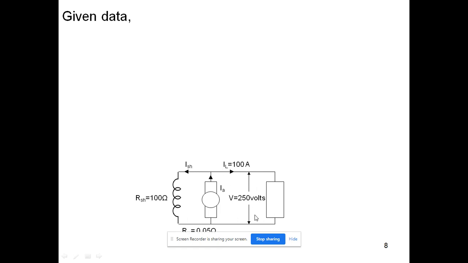The shunt field resistance Rsh is given as 100 ohms, and Ra is equal to 0.05 ohms.